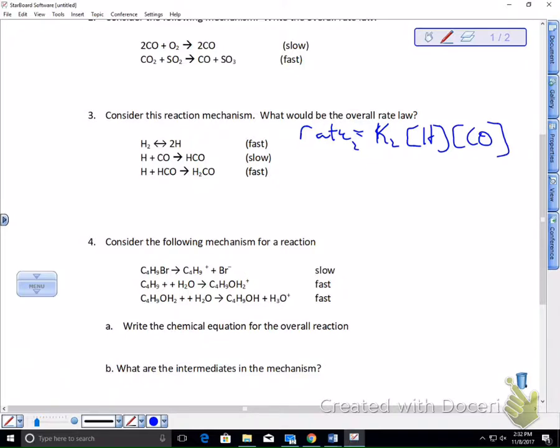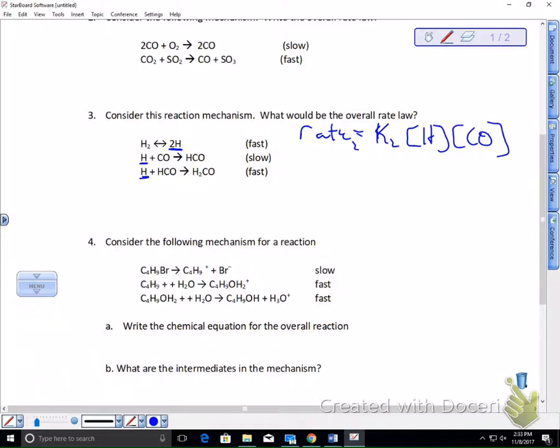Now, I can't let that be my overall reaction order because it has an intermediate in it. You'll notice that H is produced and later consumed. So I can't have my overall reaction order depending on that. All right, so what we've got to do is solve for that intermediate. I can't have it in there.